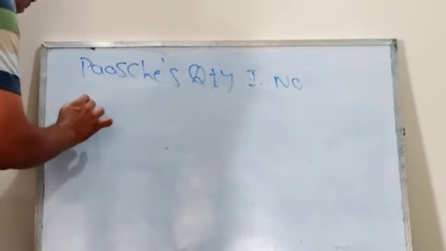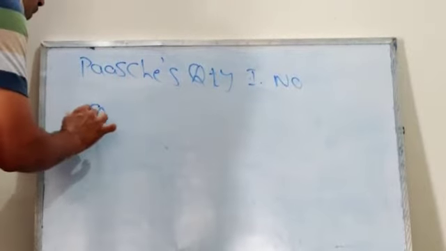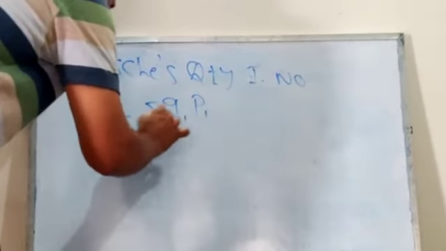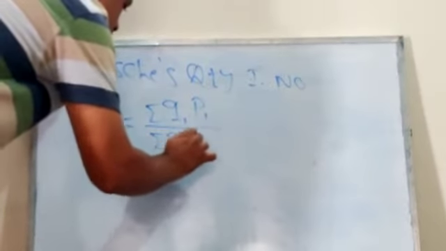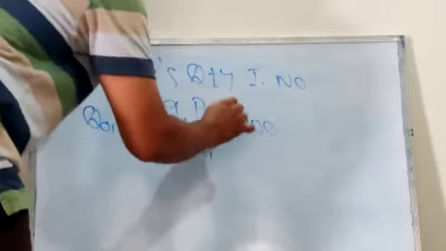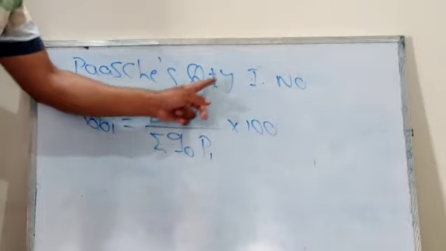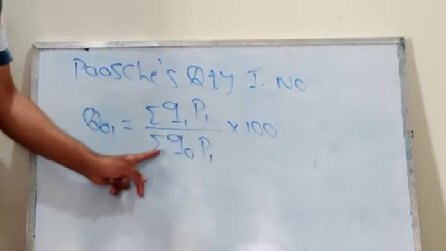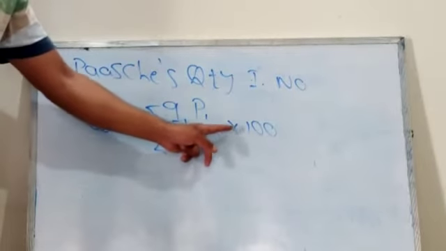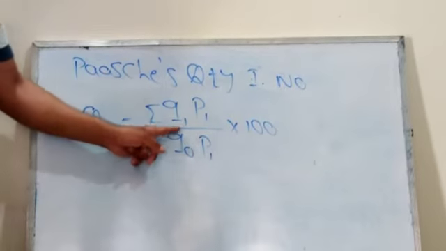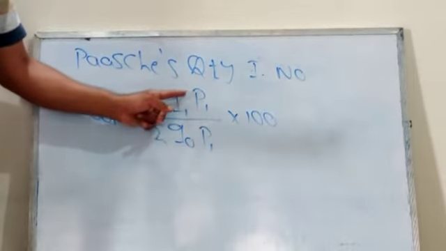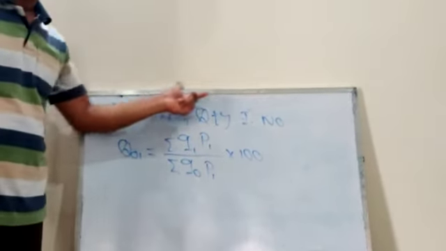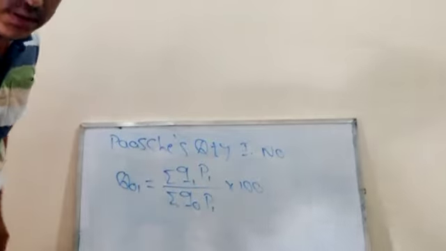In Paasche's quantity index number, the formula is Q01 equals summation Q1 P1 divided by summation Q0 P1, into 100. Here the weights are assigned as current year prices. This is about Paasche's quantity index number.